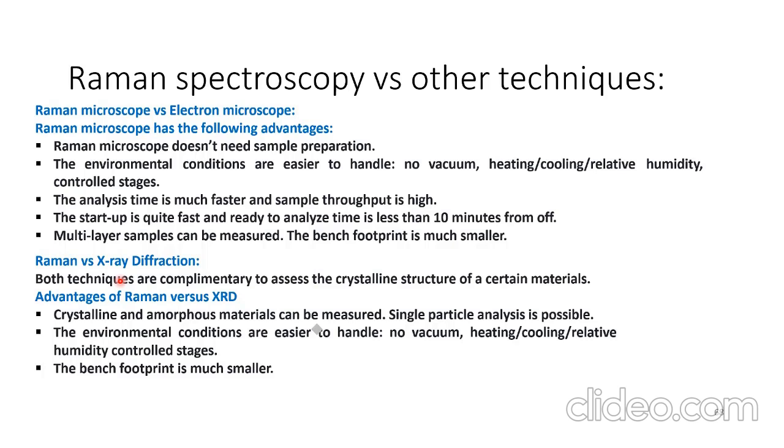However, in electron microscopes, we generally have to have a vacuum for the purpose of detection. Then the humidity should be low in the case of an electron microscope. However, there is no requirement of any heating, cooling, or relative humidity conditions. The stage is also controlled, so you can move to a particular region, as I've already told. Then the analysis time is faster.